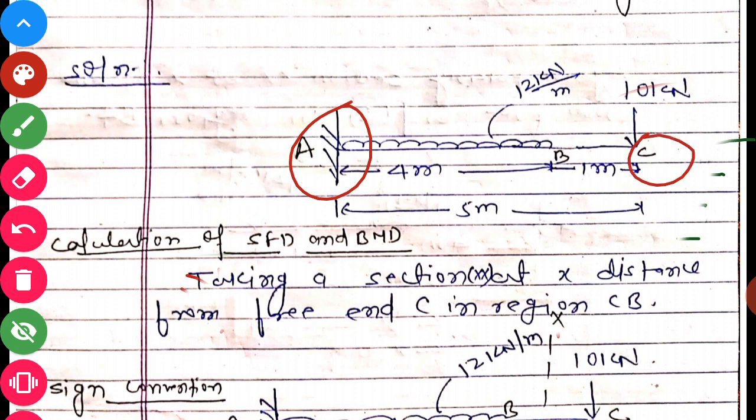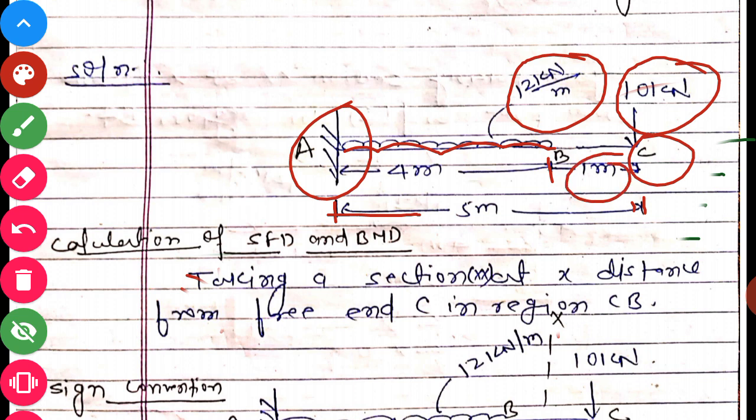According to the question, the beam carries UDL of 12 kN per meter intensity over a 4 meter span from fixed end A. After that, there is a 10 kN load at free end C, and the total length of the beam is 5 meter. So that distance is 1 meter, because 5 minus 4 is 1 meter.